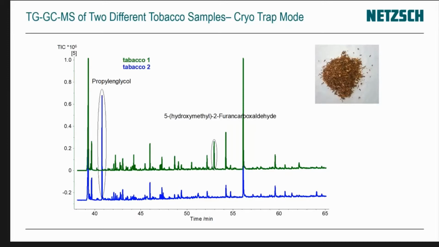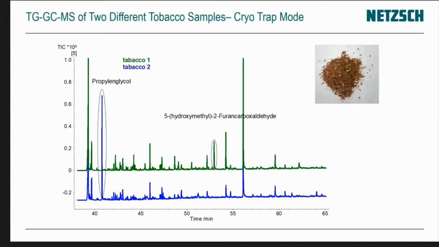This procedure increases the sensitivity for minor products and improves the separation. By comparing the resulting total ion chromatograms, it was possible for these two tobacco samples to identify 2 pyrolysis compounds, which were individual for each of these samples.